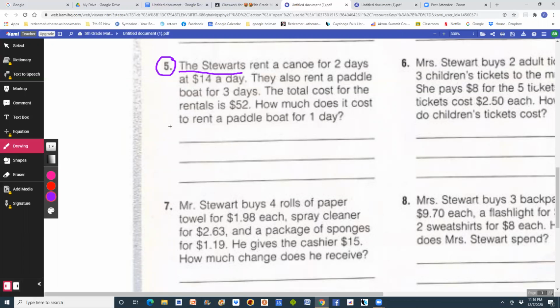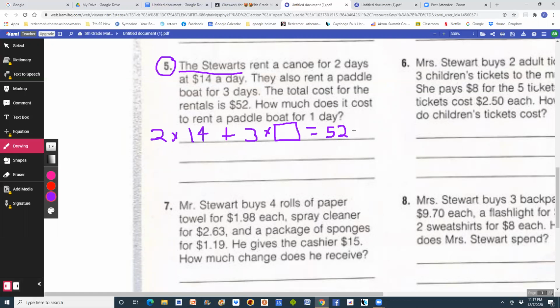The algebra teacher in me wants to do this. I want to say 2 times 14, that's for the canoe, plus 3 times some number equals 52. You see where I got that?